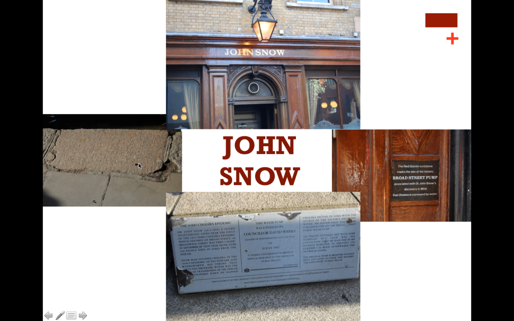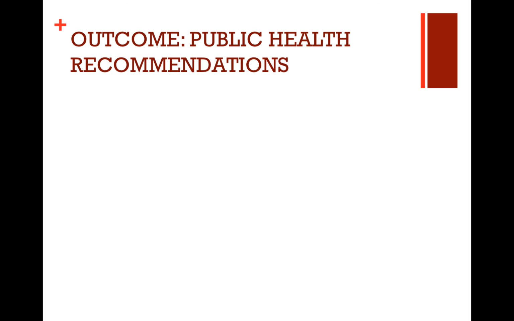The original pump has been removed. It was in the middle of the street. That's not practical in modern times, but it has been replaced with this lovely red brick, which you can find and take a picture of. It's not easy to find, and most people in London are not very helpful in finding it. I will warn you.